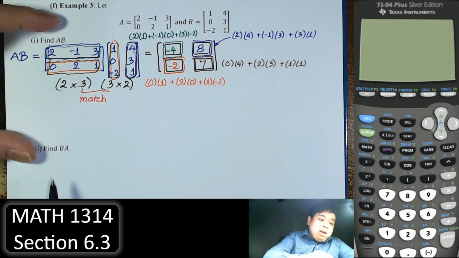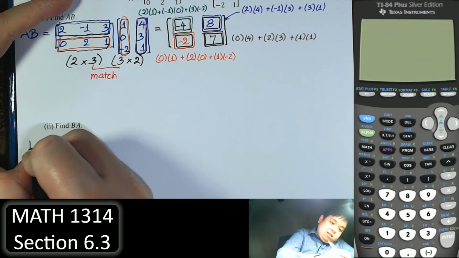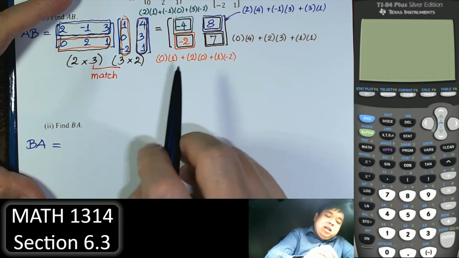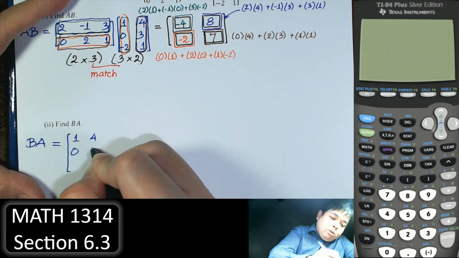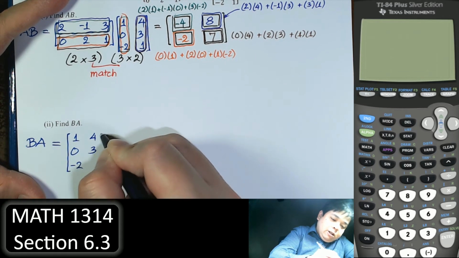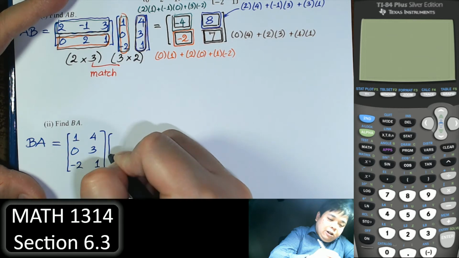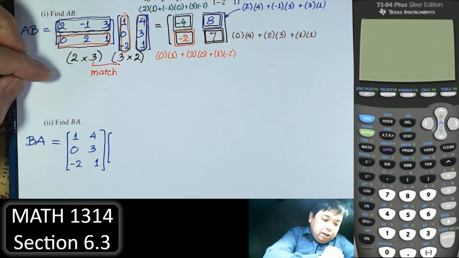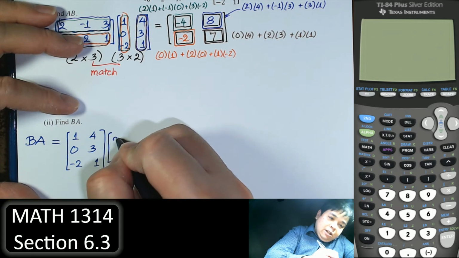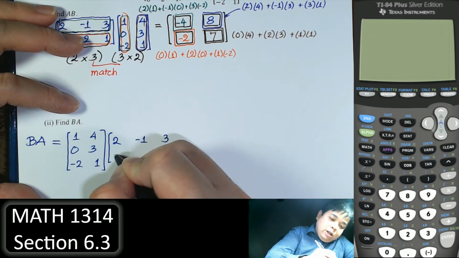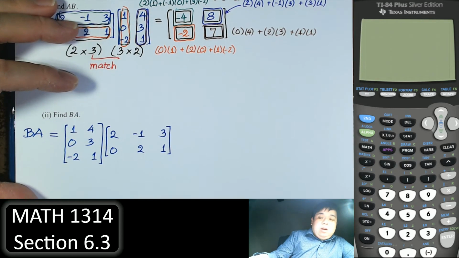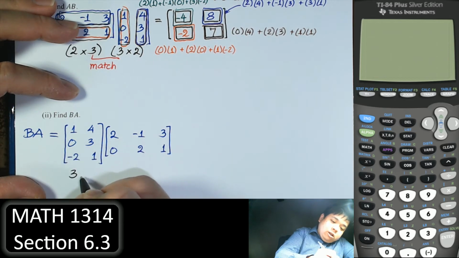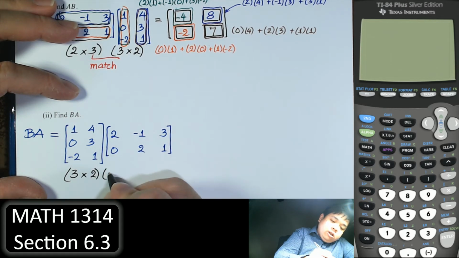Now let's find B times A. B is 1, 4, 0, 3, -2, and 1, times A: 2, -1, 3, 0, 2, and 1. So this is 3 rows and 2 columns, and 2 rows and 3 columns.